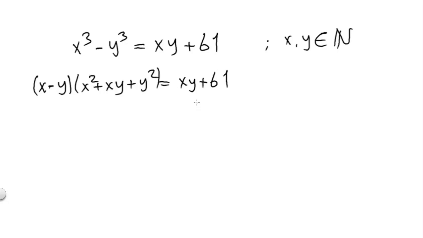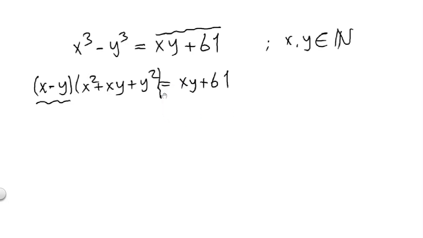Okay, cool. So here I can make a little observation. If I look at x and y values, since they're both positive, this thing is also positive, because x is positive, y is positive, 61 is positive. So x cubed minus y cubed is actually also positive.